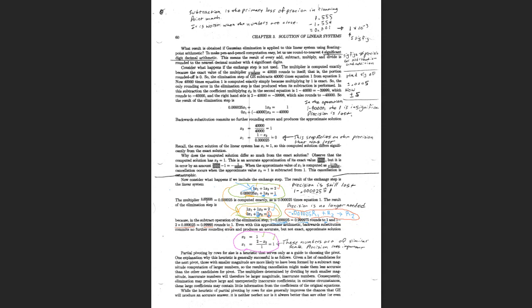But using the larger number, the number 1 here, as a pivot, as opposed to the 0.000025 smaller number as a pivot, you got a much more accurate answer. You see that?